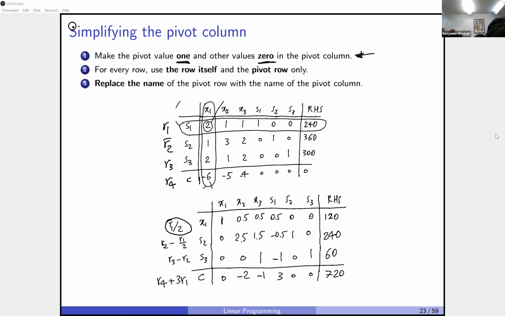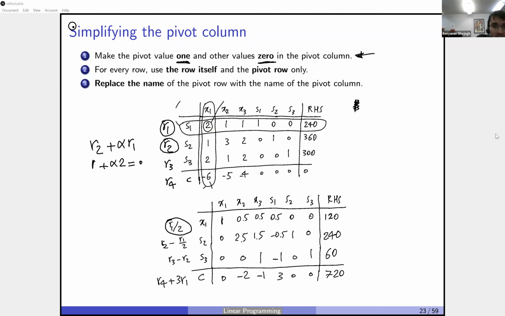Using the row itself, which is R2, and the pivot row, which is R1, try to make this 0. How? Always put R2, the row itself, without weighting it, plus some alpha times R1. How do I find alpha? You can do it in your head, or if it is hard, write it down: this value 1 plus alpha times 2 here.